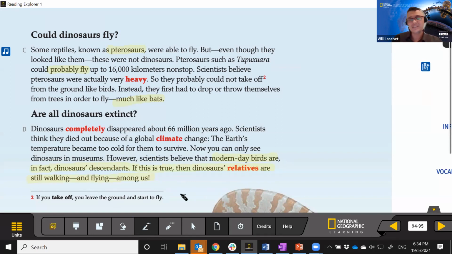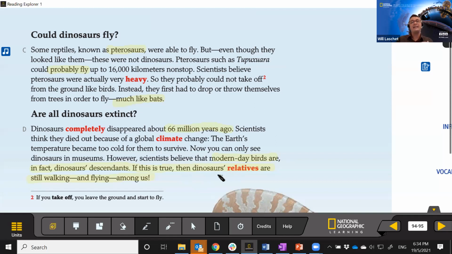And what's interesting here is that we can say, well, there are no dinosaurs here today. But what we can also say, if birds are descended from dinosaurs, it means that not all dinosaurs became extinct 66 million years ago. Some of them must have survived. And these ones that survived, they evolved into today's birds.